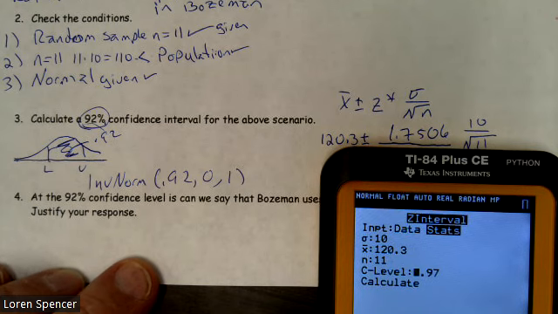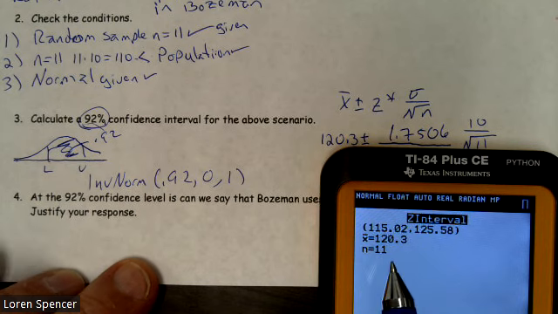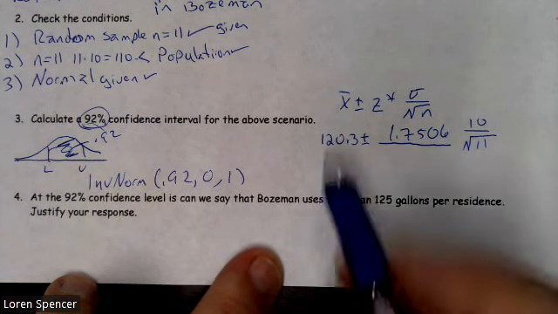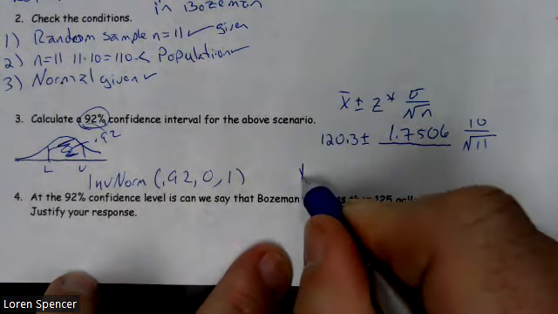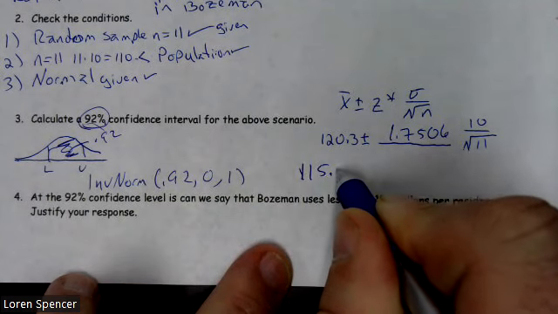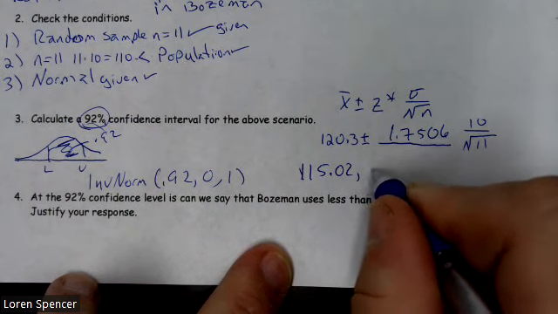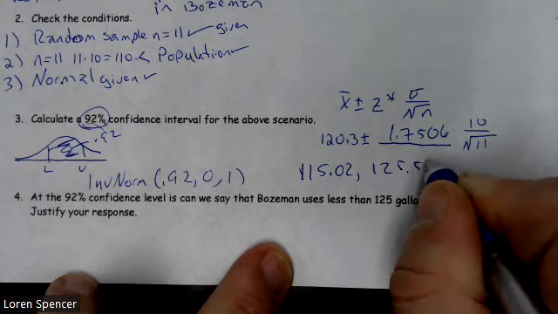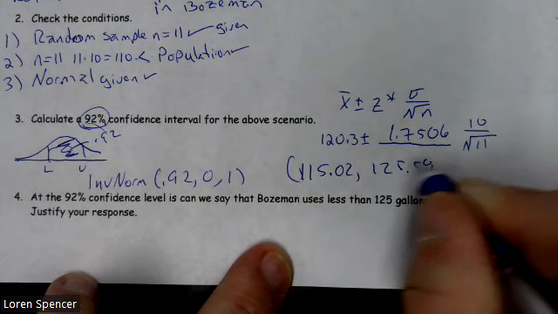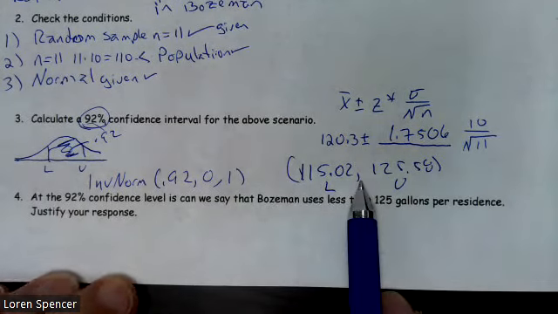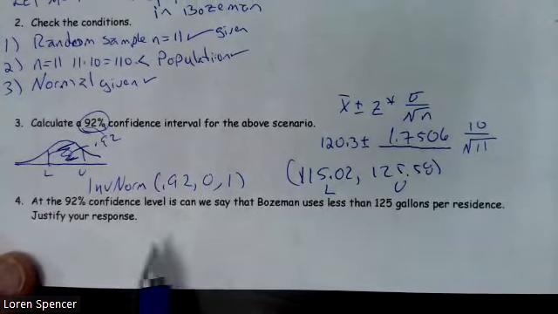And they wanted a 92% confidence level, 0.92. And when we do that, we end up getting 115.02 and 125.58. So this is my lower and this is my upper. Now, interesting, this contains the 125.